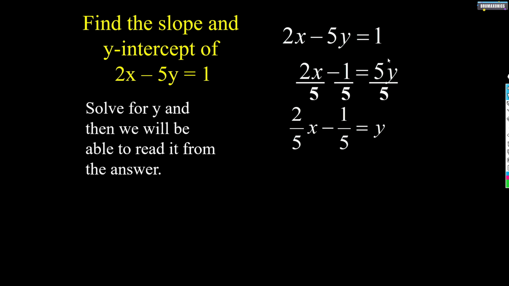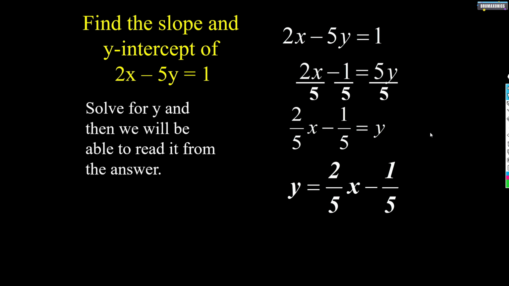And then we're dividing everything by 5 so that we can cancel this part here. Then we'll be left with y, and y will equal 2 over 5x minus 1 over 5. So now we have our equation as given.